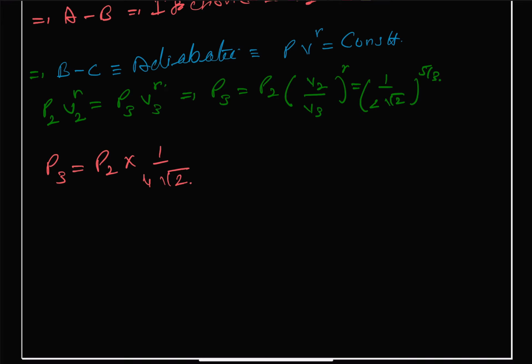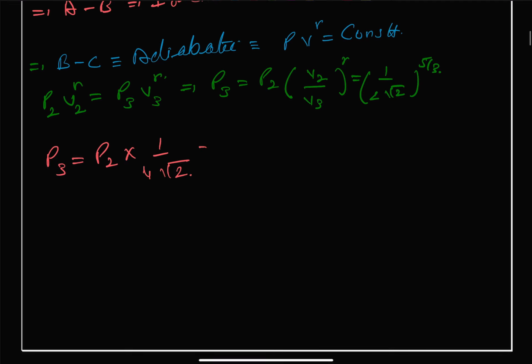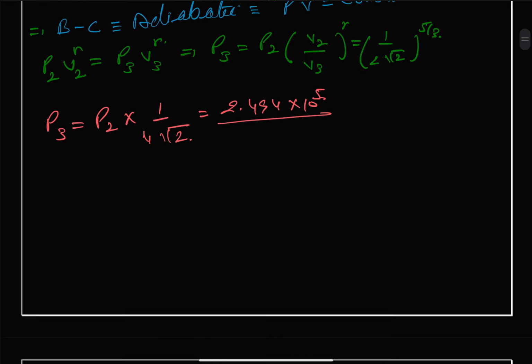And P2 we already know, 2.494 into 10 raised to power 5 divided by 4 into 1.414.